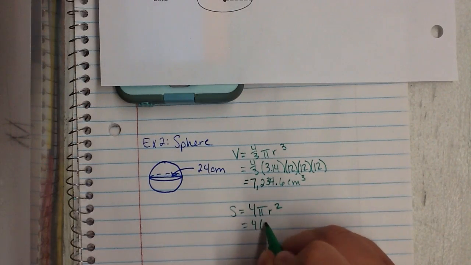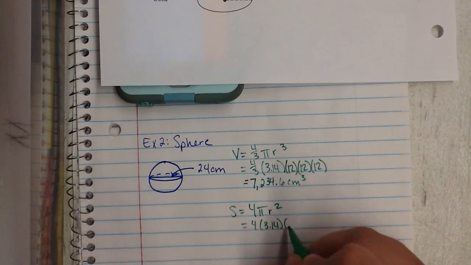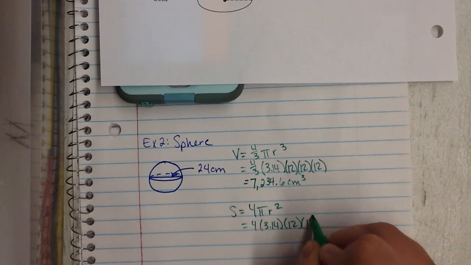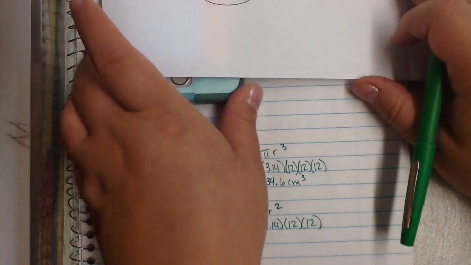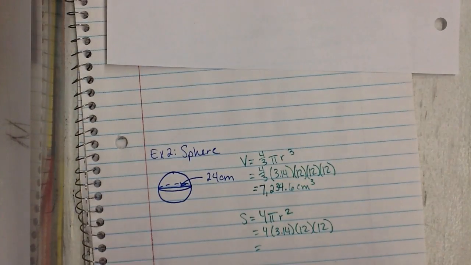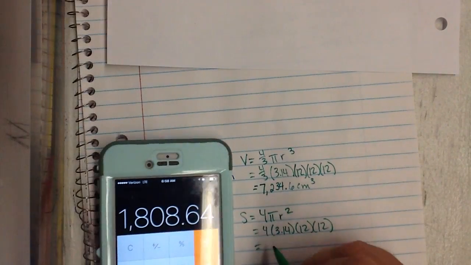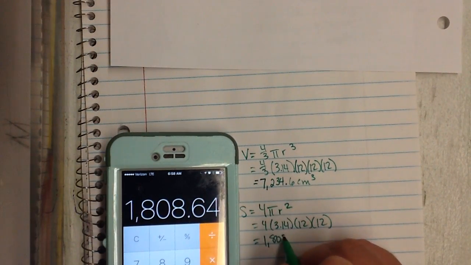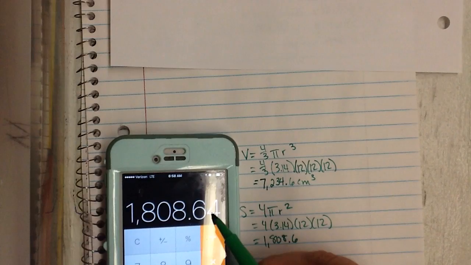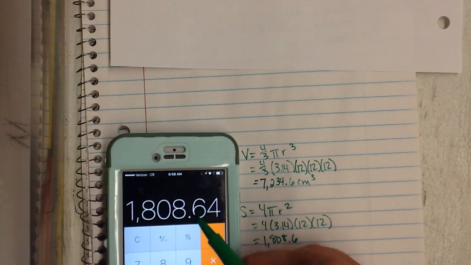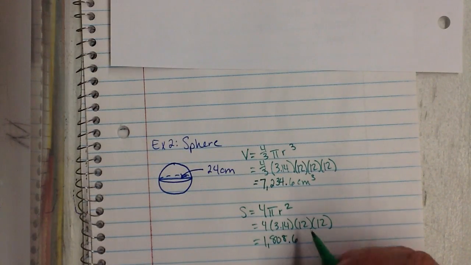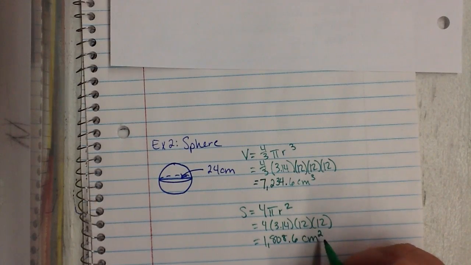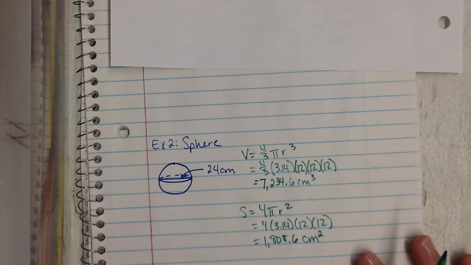So 4 times 3.14 times 12 times 12. You guys need to write that out, please, so I know what you're talking about. 4 times 3.14 times 12 times 12 equals 1,808.6. This is not 5 or greater, so it stays 6. Centimeters squared. It's area, so we square it.